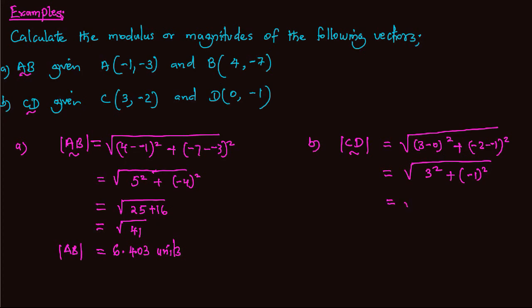And this gives us the square root of 10. So the CD modulus is the square root of 10, which is equal to 3.162 units.